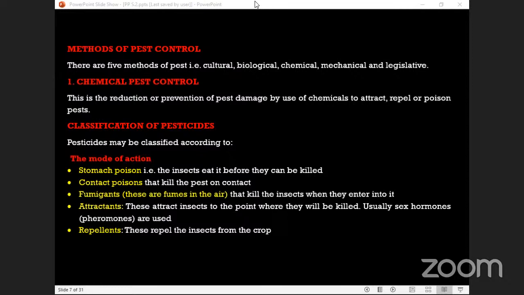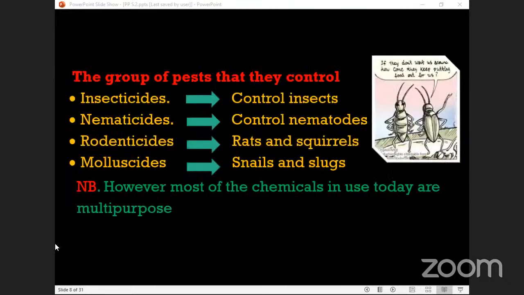Contact poisons, that kill the pest on contact. Fumigants. These are fumes in the air that kill the insects when they enter into it. Attractants. These attract insects to the point where they will be killed. Usually, sex hormones (pheromones) are used. Repellents.